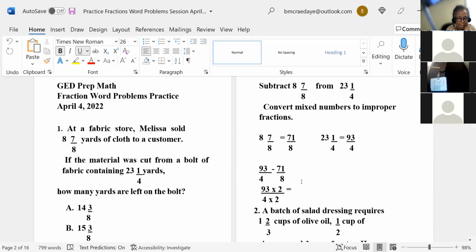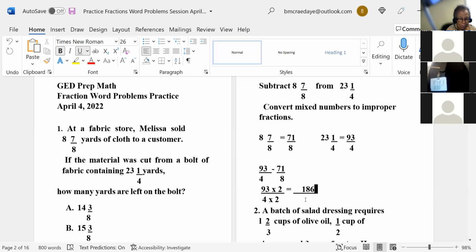What is that equal to? 2 times 93 would be 186.